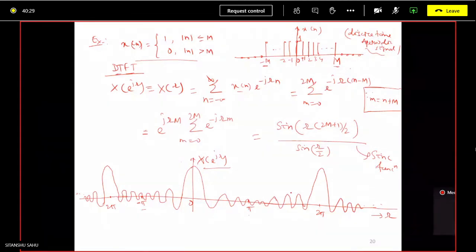So now let us solve another example. Suppose the Fourier transform of a signal is given in the frequency domain like this: it is 1 whenever mod of omega is less than w, and it is 0 for w less than mod of omega less than pi.